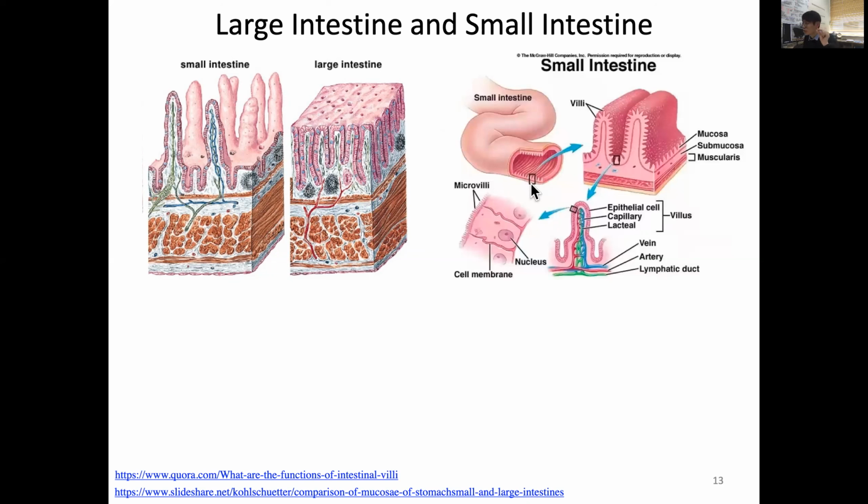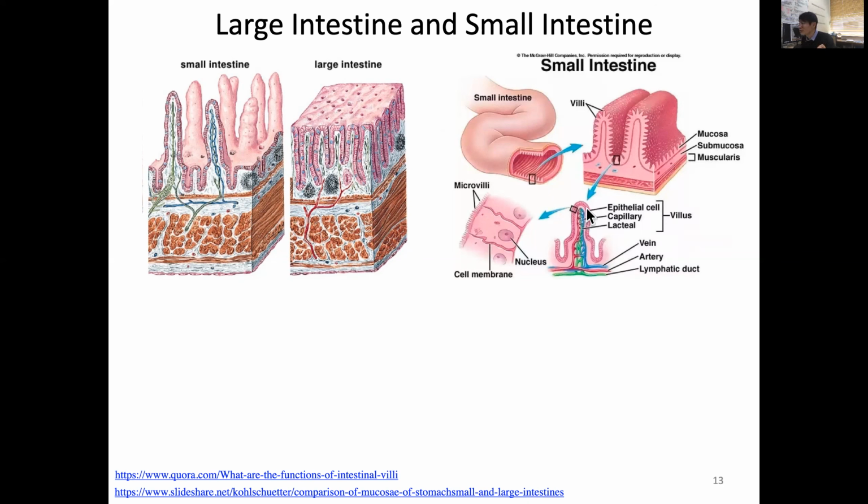And when you look inside more closely, you see this villi structure. This fold contains the outermost mucosa and underneath the submucosa, which connects to the muscular layer called the muscularis. And on each of these folds, you can see this little protrusion, which is called a villus, or multiple villi.